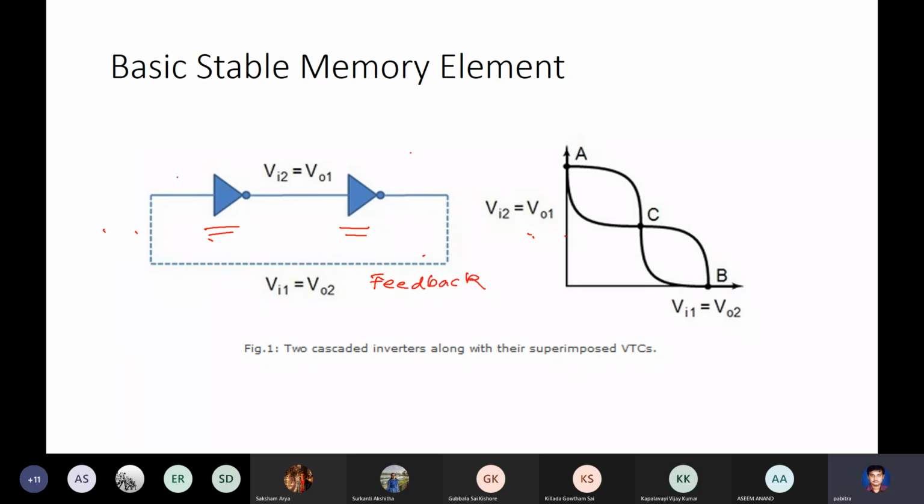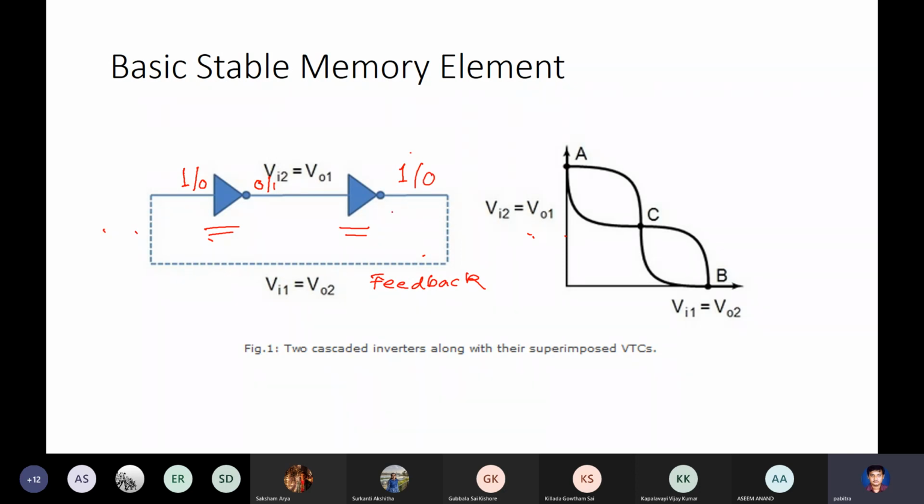So what happens? Suppose a high voltage or a 1 state is given as input to this NOT gate. Then this will be 0 and this will be 1 again, and this 1 will again be the input to the first NOT gate. The reverse is also true. If this is 0, this becomes 1 and this becomes 0, and that is fed back.